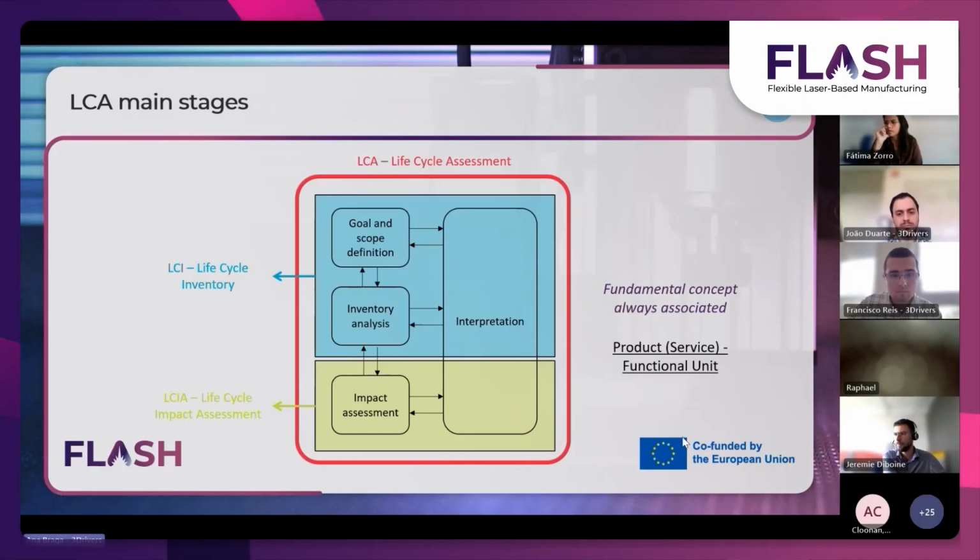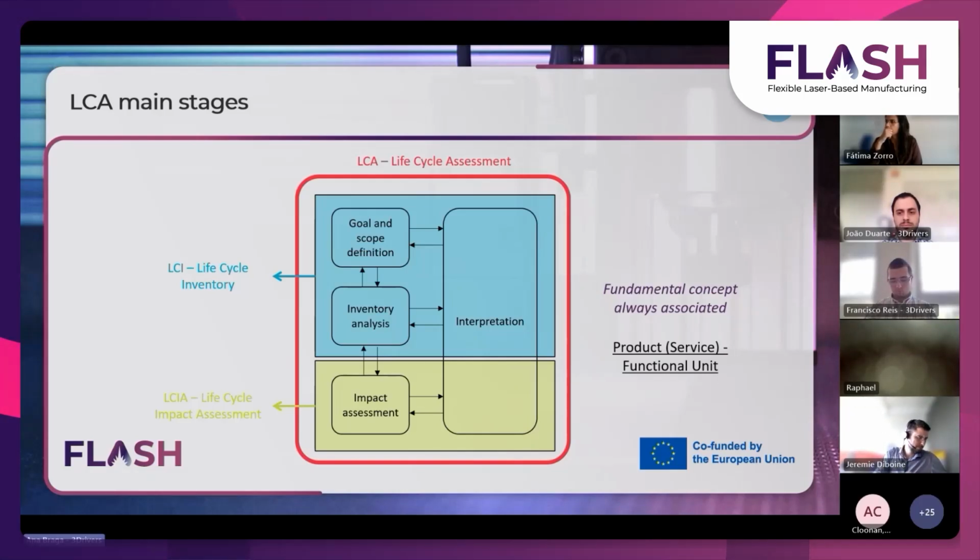These are the stages that make up a life cycle assessment. We start with the goal and scope definition. For each use case, you will see this with João and Francisco. It is decided what we want to analyze.